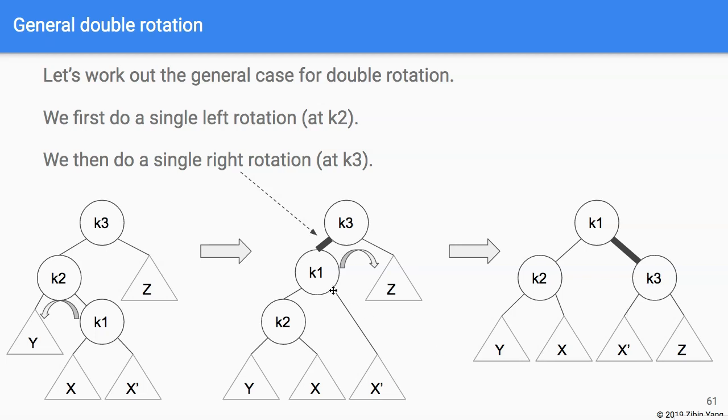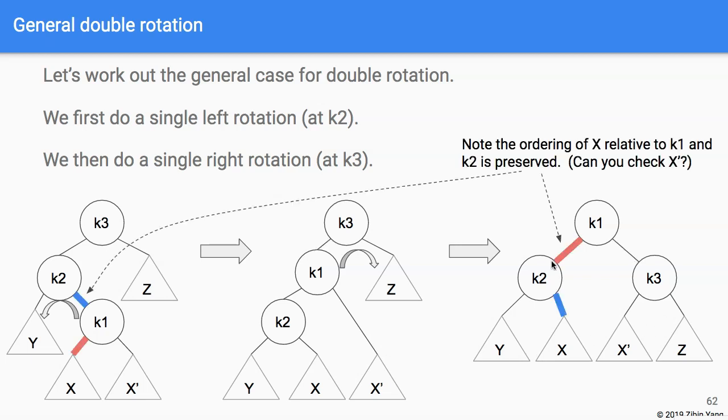The only funky thing is kind of the X prime again. X prime cannot be the right child of K1 anymore. However, we can actually attach it as the left child of K3 again because X prime is smaller than K3, just by its position in the tree.